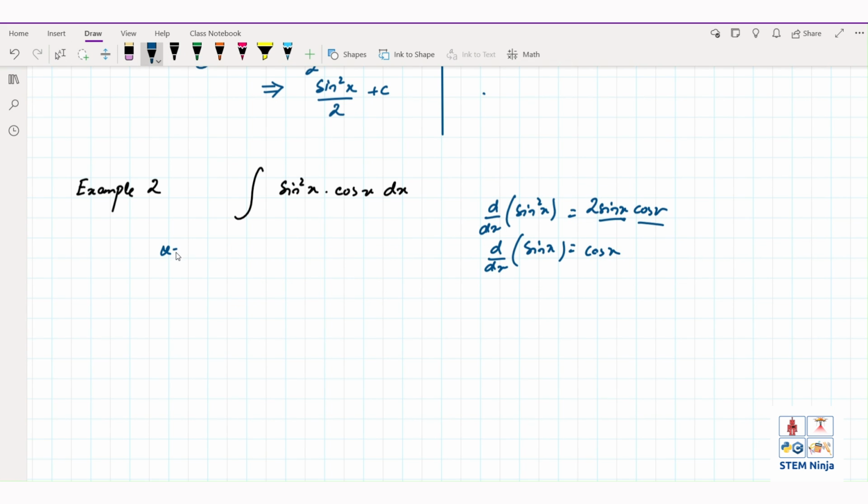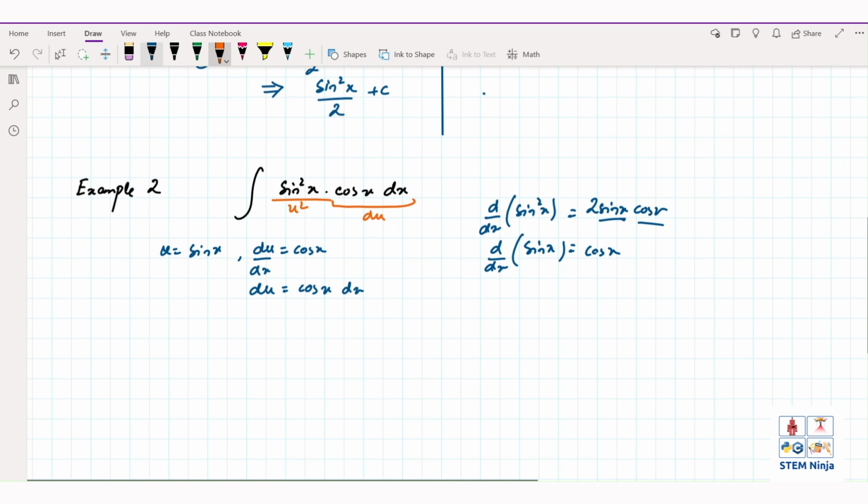So u is sine x. Similarly, du over dx again becomes cos x, so du becomes cos x dx. Again, same scenario. This is our du, and this is our u squared. So we have u squared du.